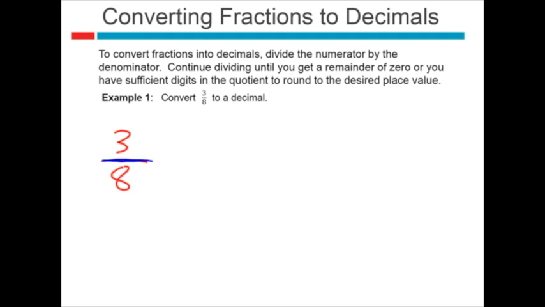So we're going to do the top divided by the bottom. We're going to set this up as 3 divided by 8. And this is the procedure you take to convert a fraction into a decimal.